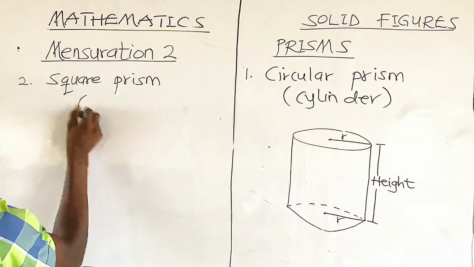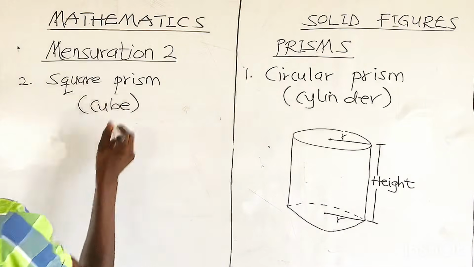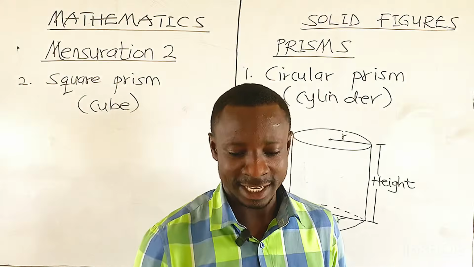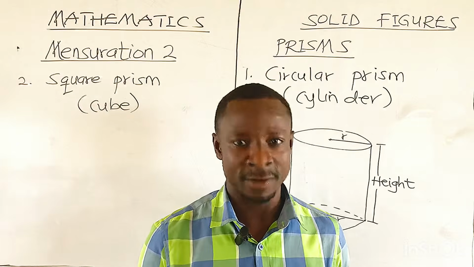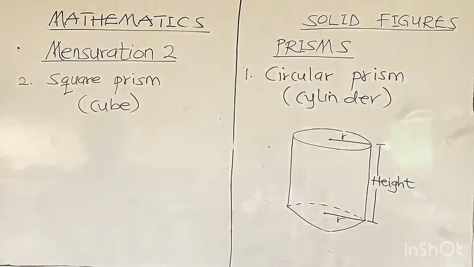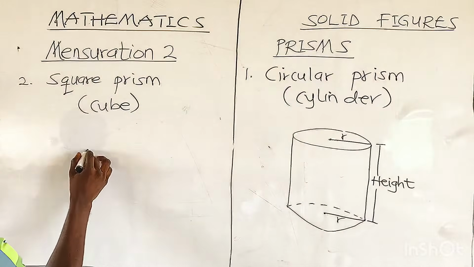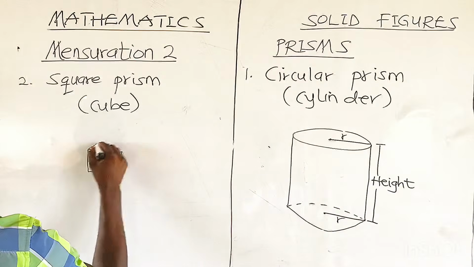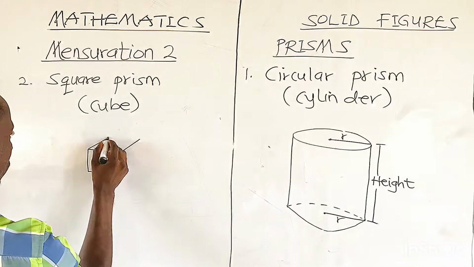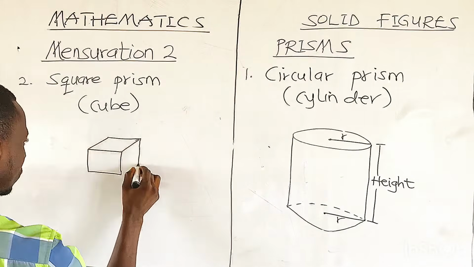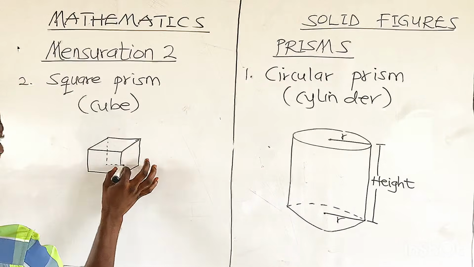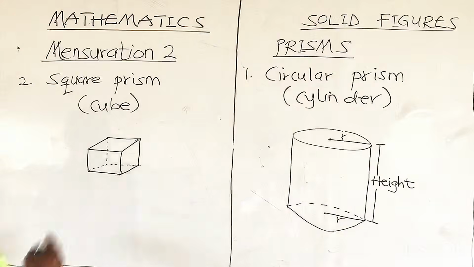Every cube has a top square, then the base is also in the form of a square, and it also looks like this. So this is a cube.